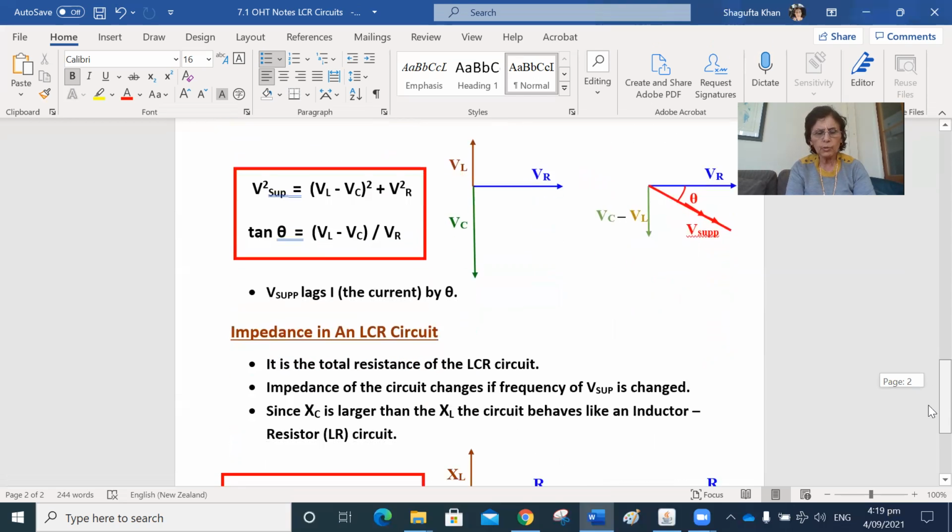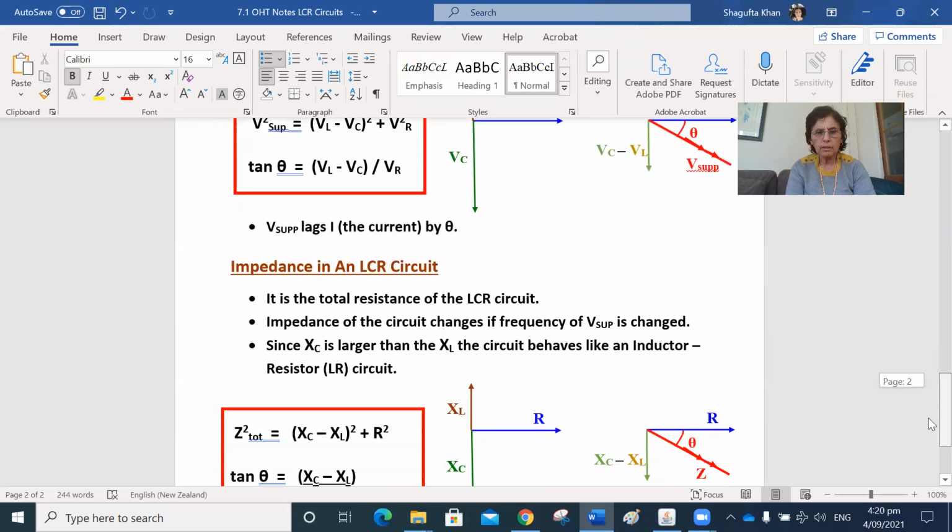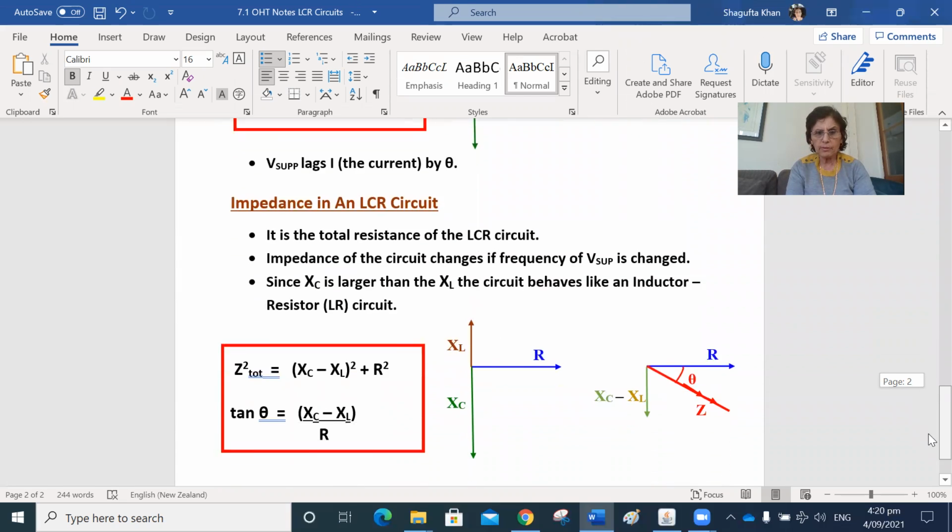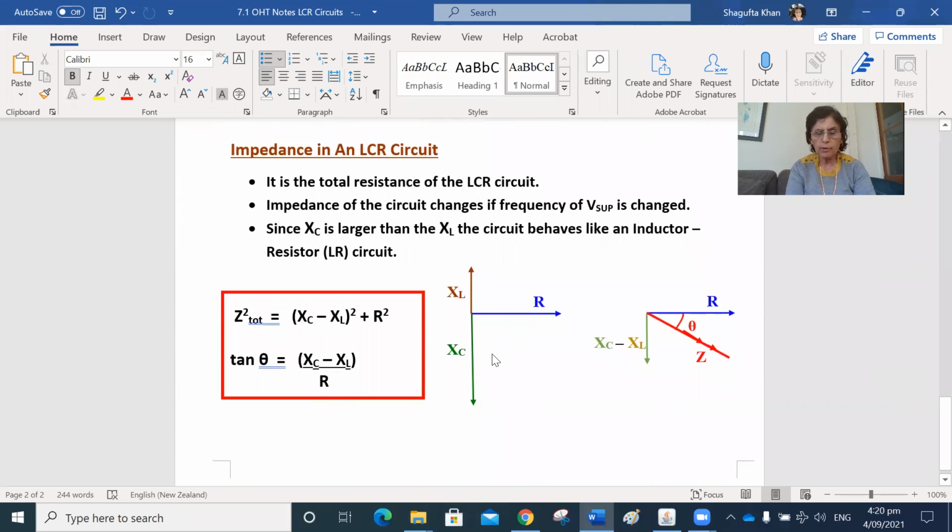How do we find the total impedance in a capacitive circuit? Again, because voltages are added in a vector manner, the reactances will be added in a vector manner, XL and XC over here, and then XC minus XL will be the difference of these two, and then R is along here, and that gives us the total impedance.